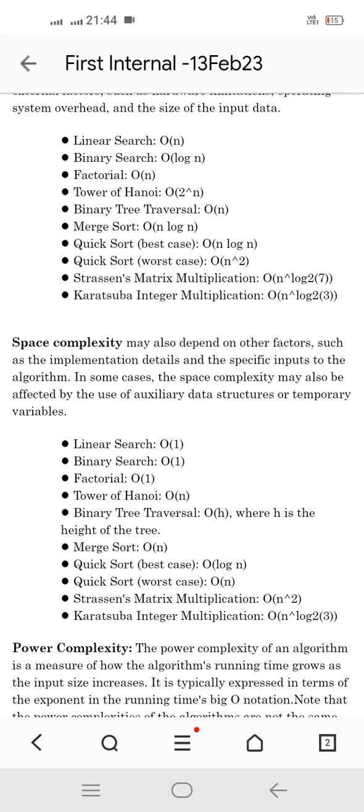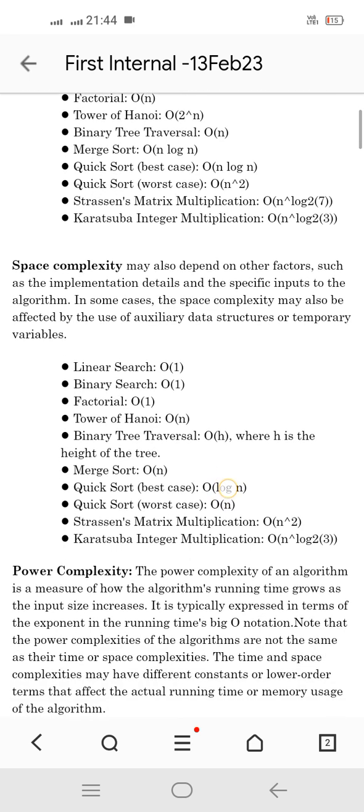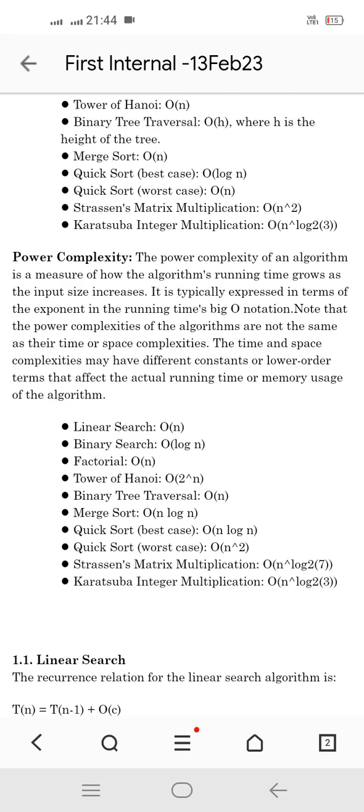Space complexity may also depend on other factors such as the implementation details and the specific input to the algorithm. In some cases, the space complexity may also be affected by the use of auxiliary data structures or temporary variables. The power complexity of an algorithm is a measure of how the algorithm's running time grows as the input size increases.